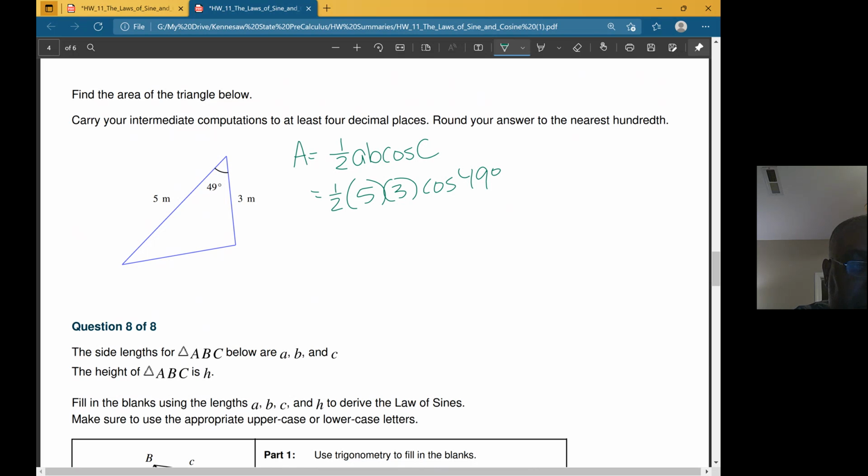Degrees. I think this is right, but if it's not, then I'll follow back up with you and do a little 30-second video to show you what I did wrong. I feel like I did something wrong there. 0.92 meters squared. I feel like I did something wrong here. All right, but anyway, I'll come back to you on that.